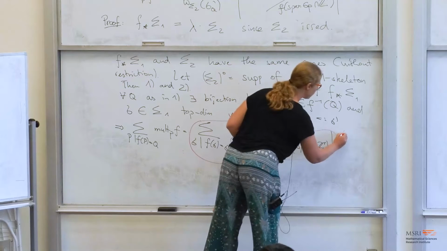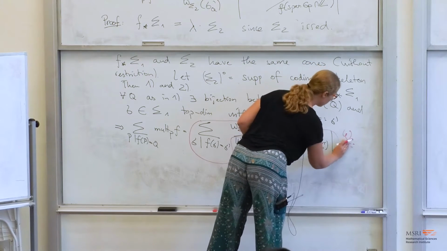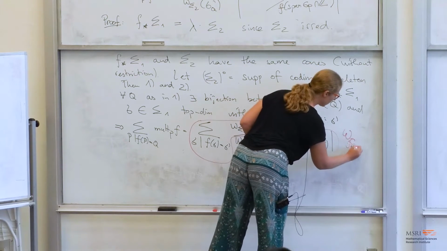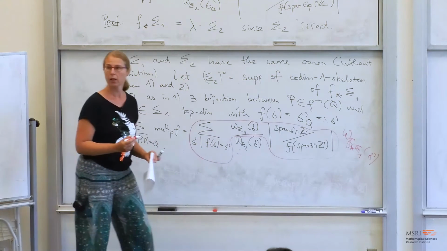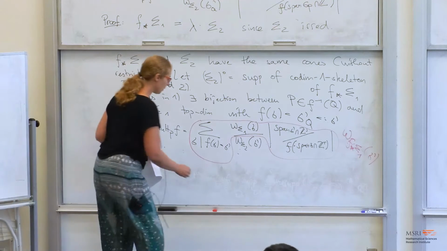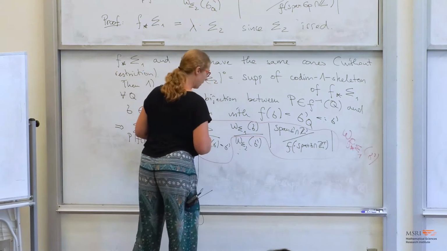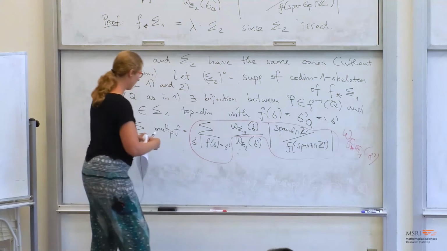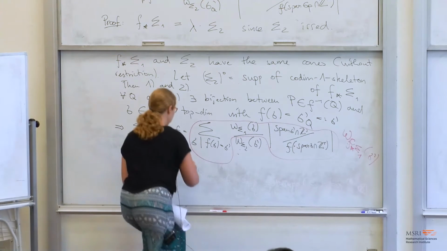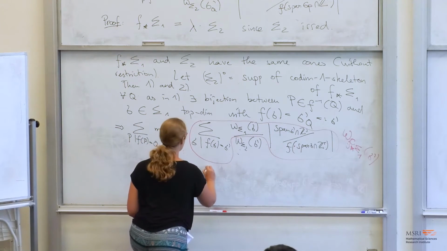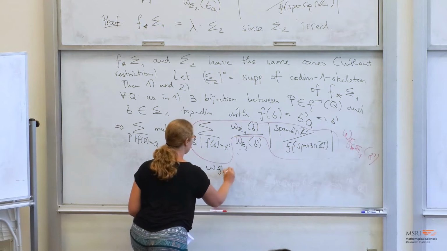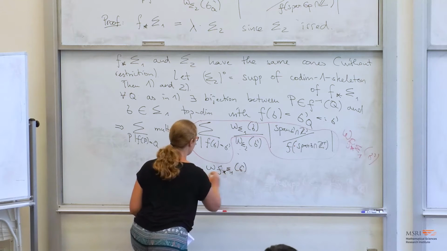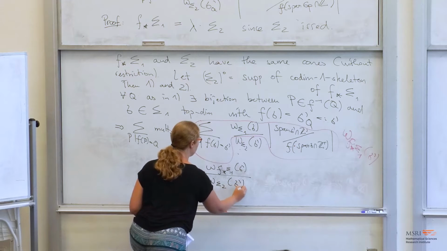That's exactly by definition the weight of the push forward of sigma 1 of sigma prime. If you don't remember, please look back in the notes. So this whole thing is just the weight of the push forward of sigma 1 of sigma prime divided by the weight of sigma 2 of sigma prime.